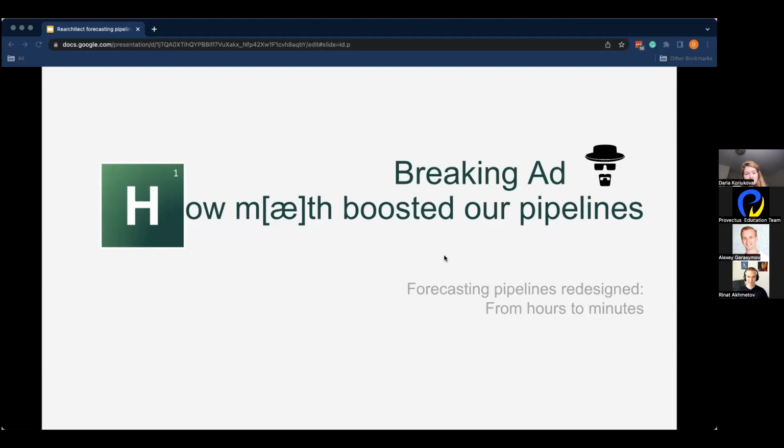And our challenging task was to redesign, re-architect, examine what they have, and try to reduce the processing time from hours to minutes.